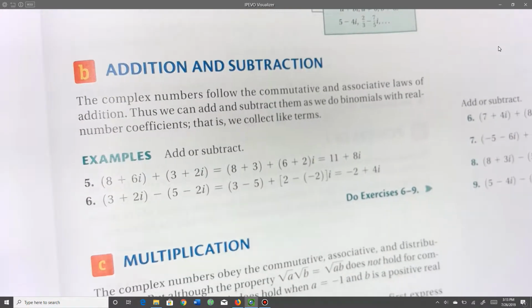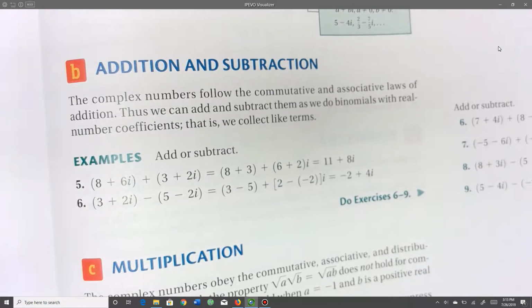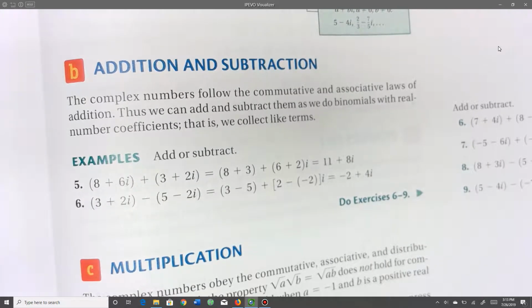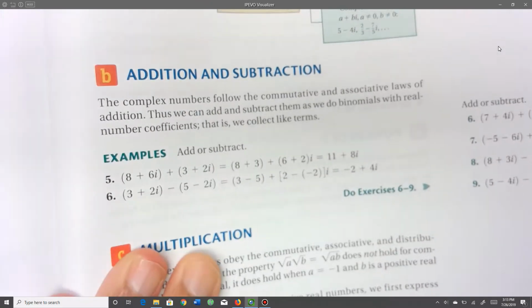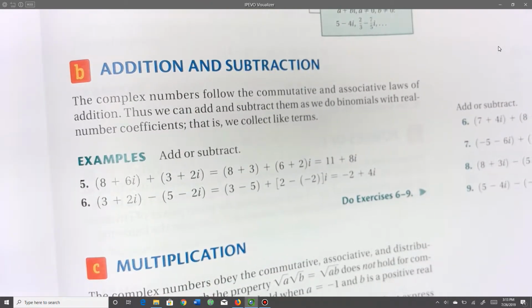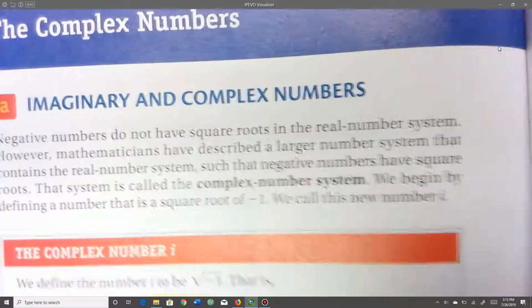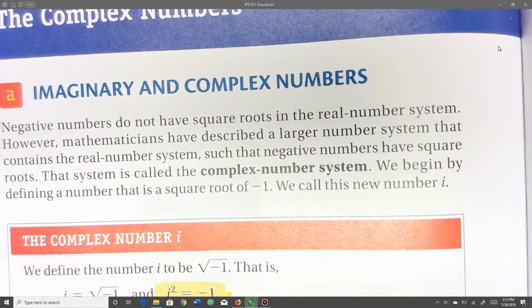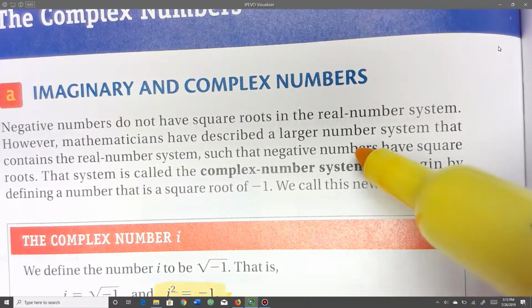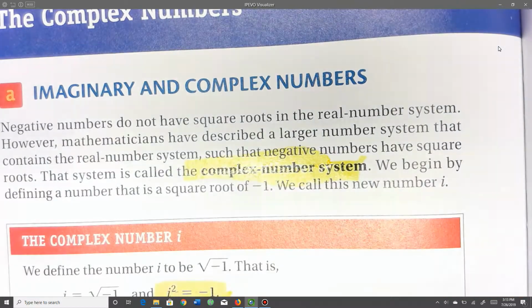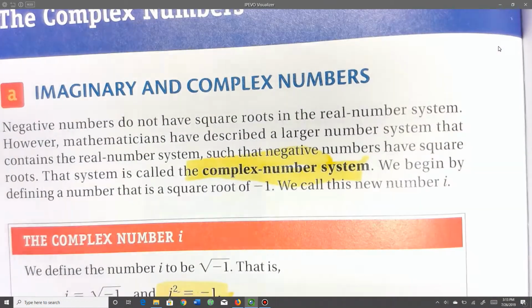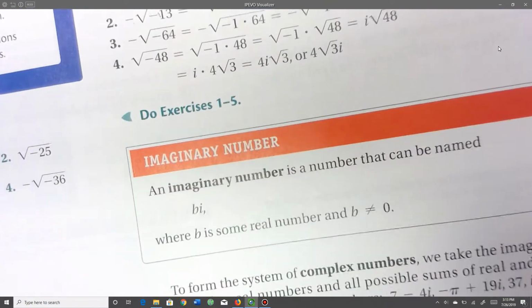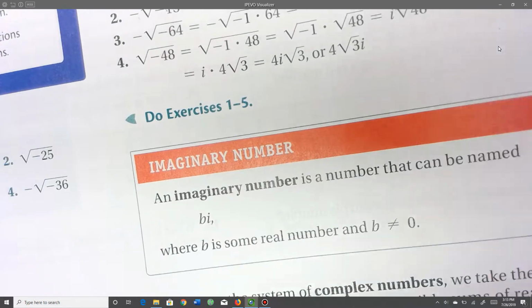It is about addition and subtraction whenever you have complex numbers. And if you can memorize this term here, complex number system, or imaginary numbers. Well, you probably already knew this word, imaginary numbers.